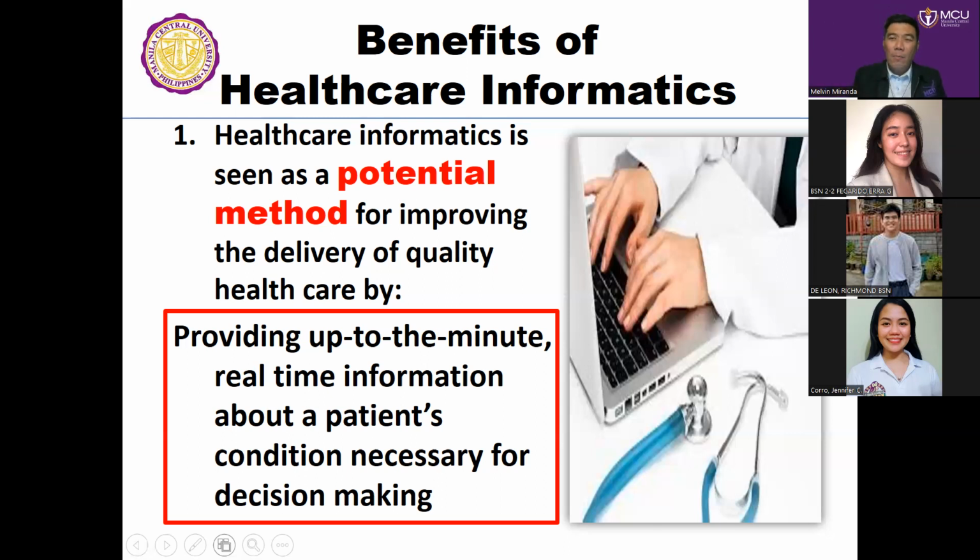Here in the Philippines, we do have already the course in general for the informatics, healthcare informatics. Nurses are also being encouraged to enroll in these programs, but these programs are being offered by some of the state universities and colleges, specifically the University of the Philippines.